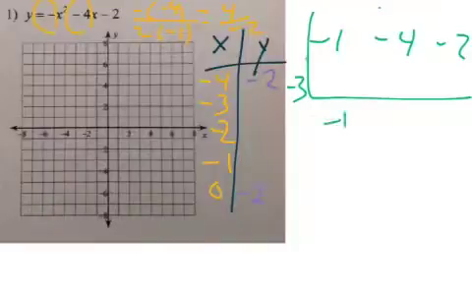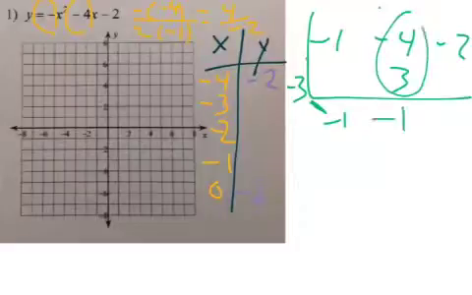Bring down the negative 1. Multiply with our negative 3 input. That's positive 3. 3 minus 4 is negative 1. Negative 1 times 3, of course, is 3. And negative 2 with 3 is positive 1. So now I know this is 1. And negative 1 has to be 1 as well if we understand symmetry.